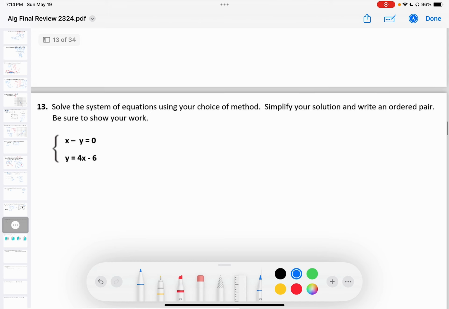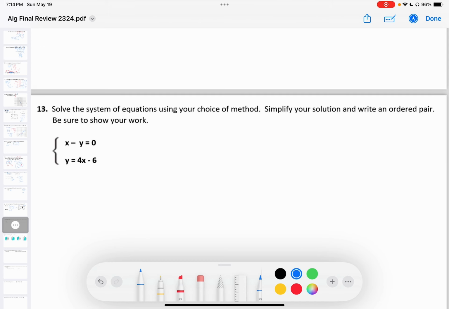Solve the system using your method. With one of our equations already being in y equals form, substitution makes the most sense here, because we can go ahead and take this 4x minus 6 and sub it in for the y value. So we can rewrite that x minus y equals 0 equation as x minus, and then 4x minus 6, equals 0.